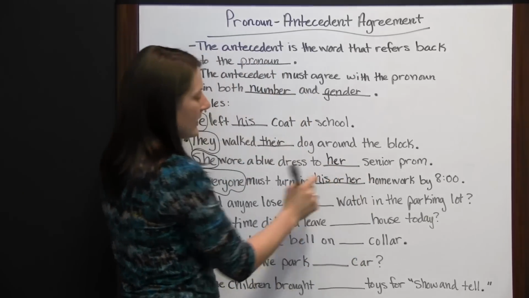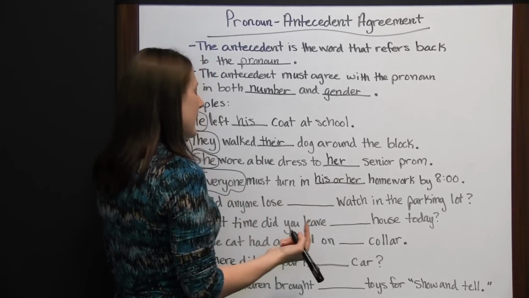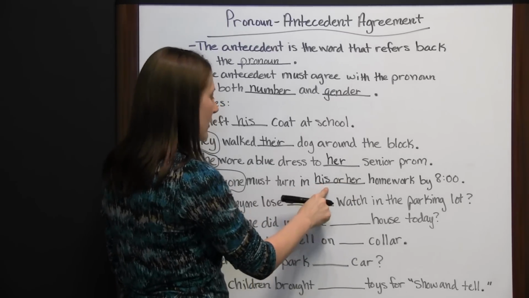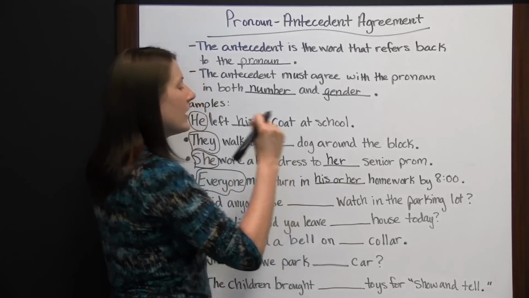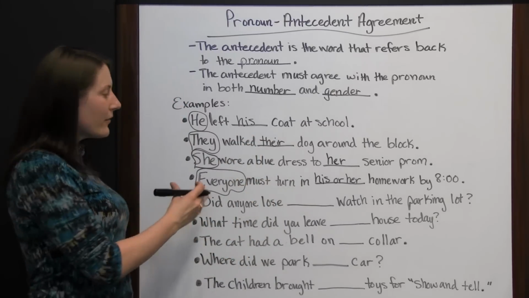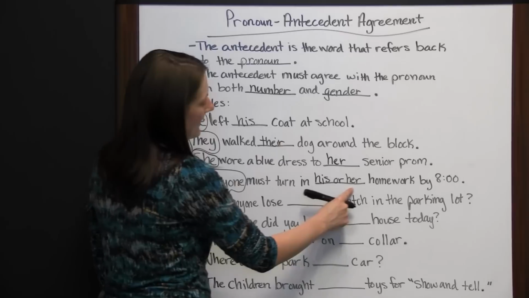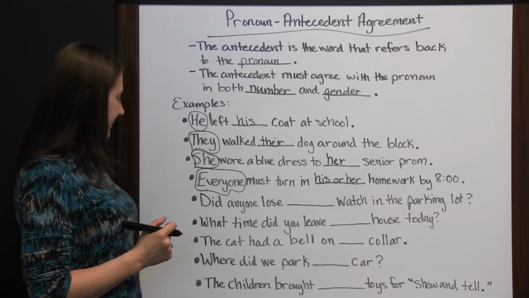We give options so that the gender isn't defined as either his or her, and it is still going to be singular, whether you choose his or her. Picking just one of those will make it a singular antecedent. So everyone is a special pronoun that would go with the antecedent his or her.